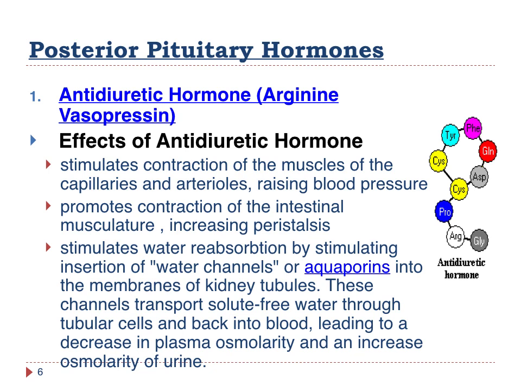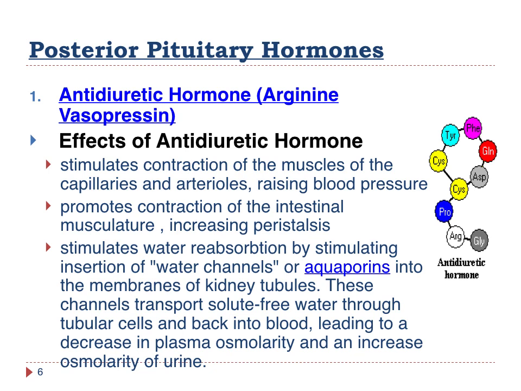The structure of the antidiuretic hormone is presented as you can see in front of you, and the effects of the antidiuretic hormone: it stimulates contraction of the muscles of the capillaries and arterioles, raising blood pressure, promotes contraction of the intestinal musculature, increasing peristalsis, and stimulates water reabsorption by stimulating insertion of water channels, the so-called aquaporins, into the membranes of kidney tubules.